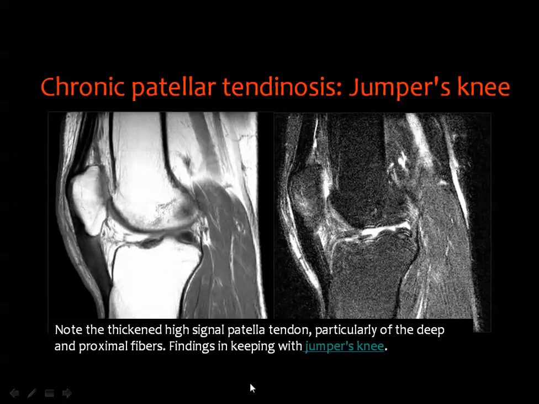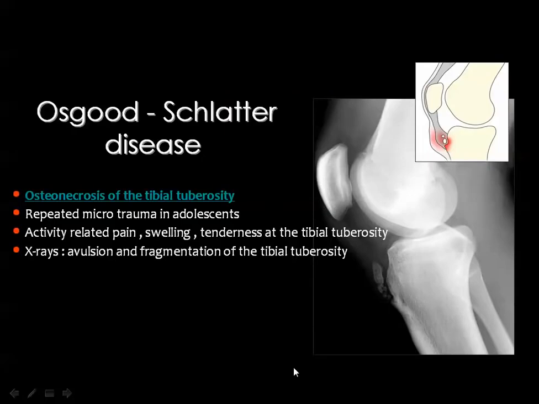This is also an example. You see the infrapatellar tendon is diffusely thickened and swollen, but in the T1 weighted image it shows some intermediate signal intensity, but here you can see the dark signal of the tendon itself.